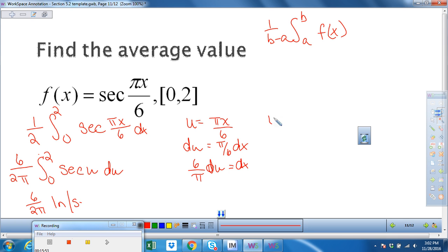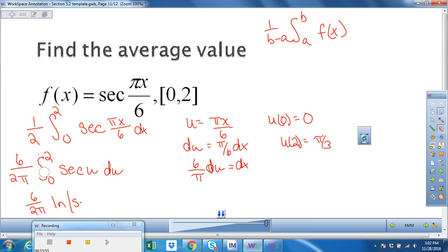So u of 0 is going to be 0, but u of 2 is going to be pi over 3. I forgot to change my limits here. It should be pi over 3. I hope you caught that.